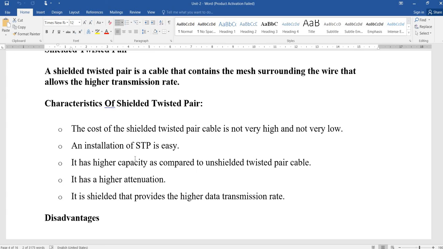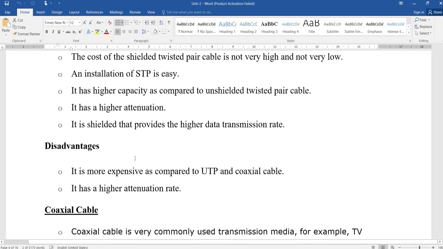So it has higher capacity and distance also. Power loss is very little. We can transmit a longer distance, and being shielded, it provides a high data transfer rate.